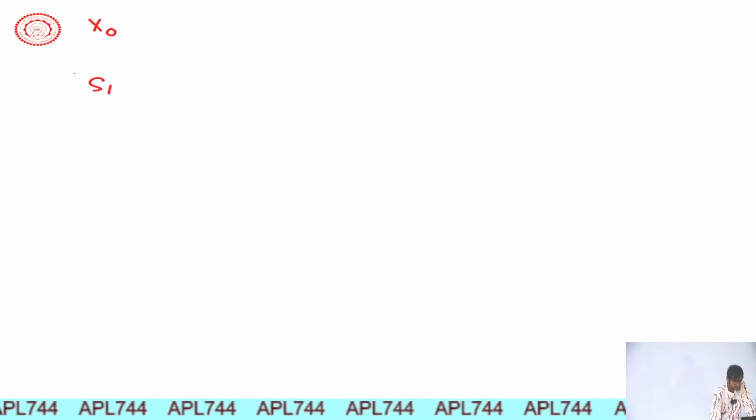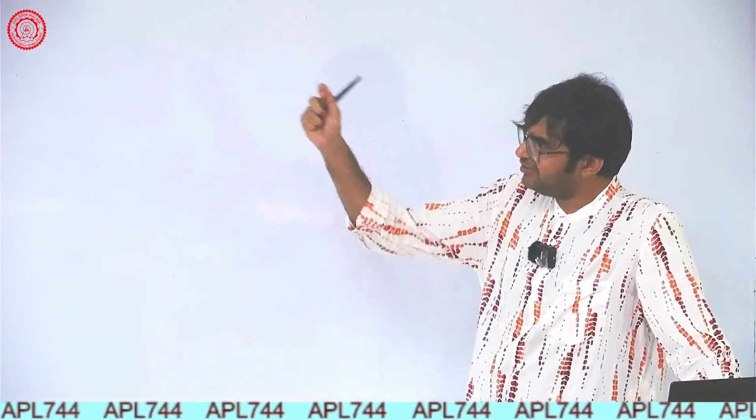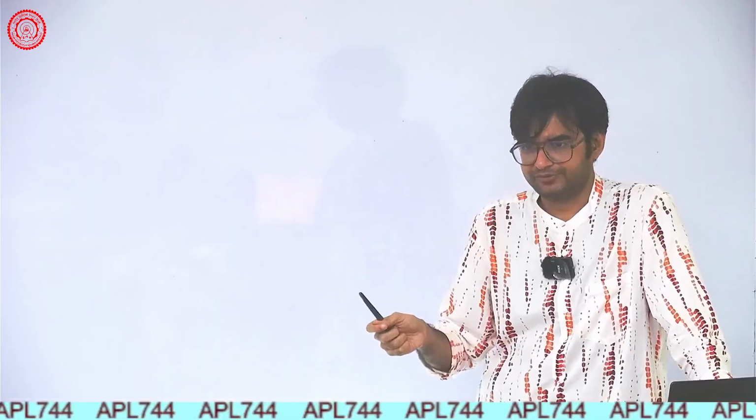So suppose I have x0 here, and at x0 suppose I have observed S1. So S1 has been observed at x0. So that has happened, right?